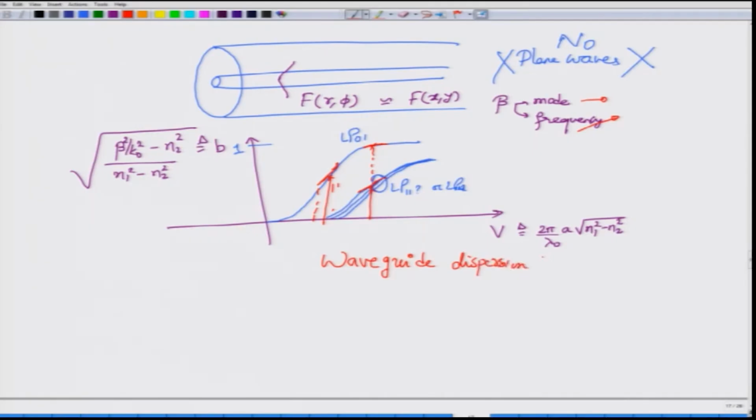It is the geometrical nature of the waveguide that largely determines this waveguide dispersion. So, the slope here of the blue curve, which is the propagation constant versus normalized frequency, will depend on whether we are considering a slab waveguide or an optical fiber. And the exact shape as well as the modes all depend on the type of waveguide that we consider.